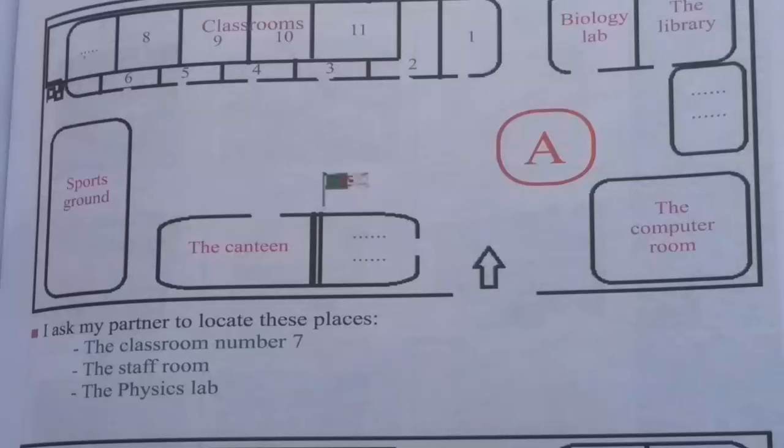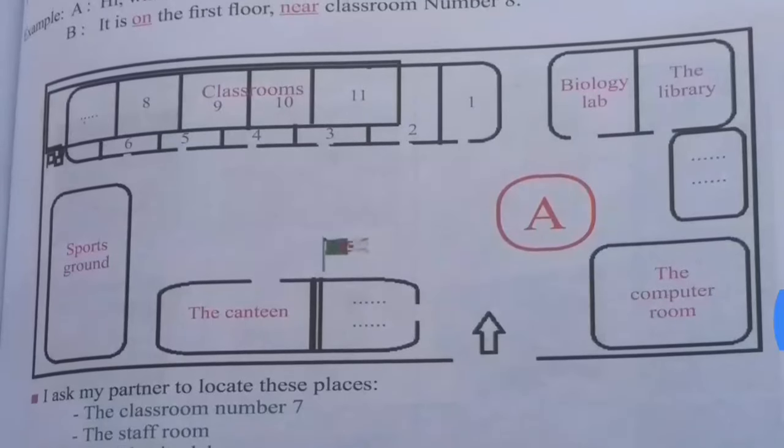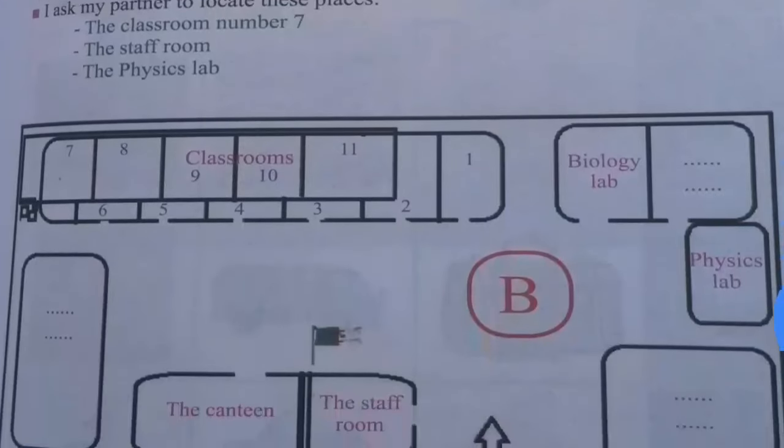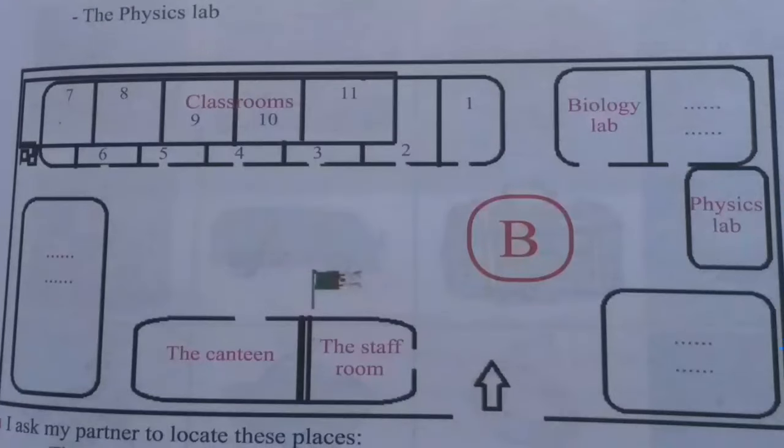The classroom number 7, ولقد رأينا هذا المثال. حينما تسأل عن موقع القاعة رقم 7 تقول: Hi, where is classroom number 7, please? مرحبا، أين هي القاعة رقم 7 من فضلك؟ B يجيبك: It is on the first floor near the classroom number 8. إنها في الطابق الأول قرب القاعة رقم 8، وذلك ما نلاحظه في المخطط A و B بحيث أن القاعة 7 قرب القاعة 8 في الطابق الأول.